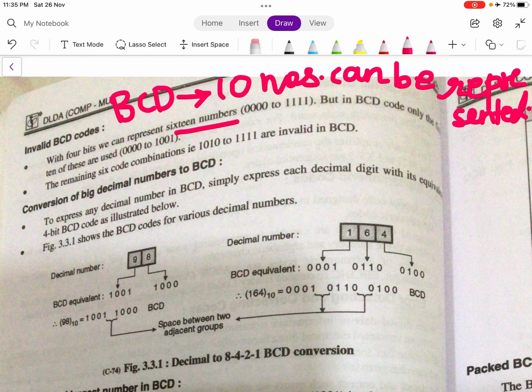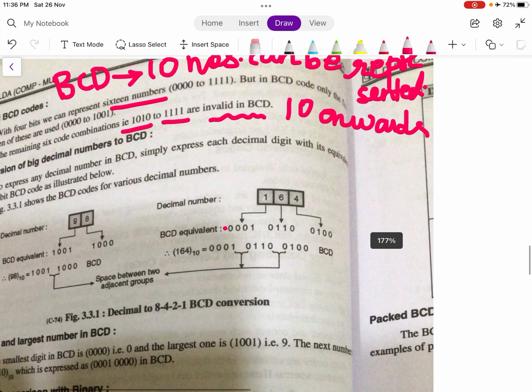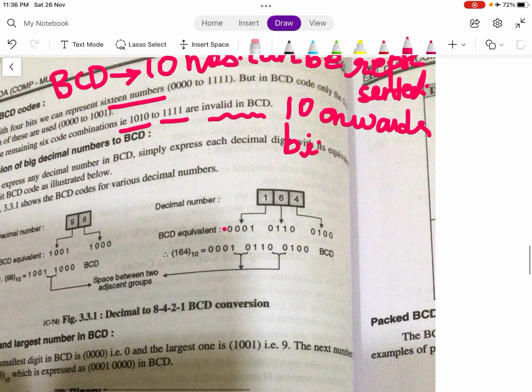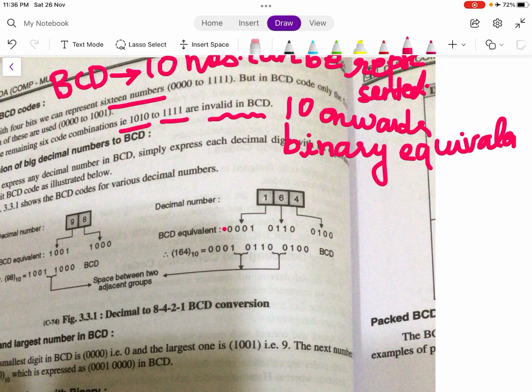The remaining 6 code combinations, that is 1010 to 1111, are invalid in BCD. So from 10 onwards, binary equivalents become invalid for BCD.